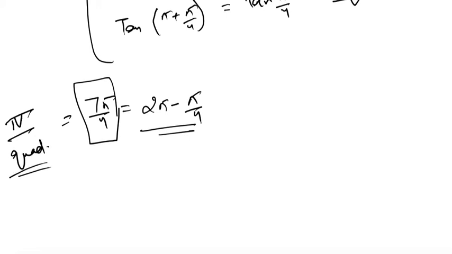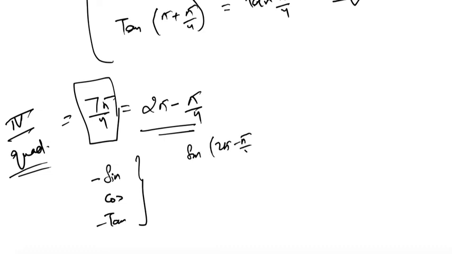Now in the fourth quadrant we know sine is negative, cos is positive and tan is again negative. So we will say sine 2 pi minus pi by 4 is equal to minus sine pi by 4, and this will give us minus 1 by root 2.